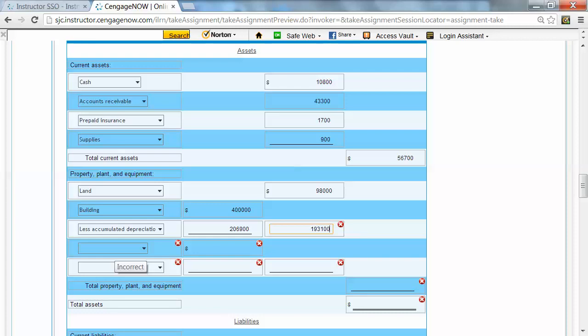And we can continue on with our trial balance and the balance sheet. We have equipment listed next. It had an original cost of $101,000. We have depreciation that's been accumulating on it, so we'll subtract our accumulated depreciation. And the accumulated depreciation on the equipment is $89,300.